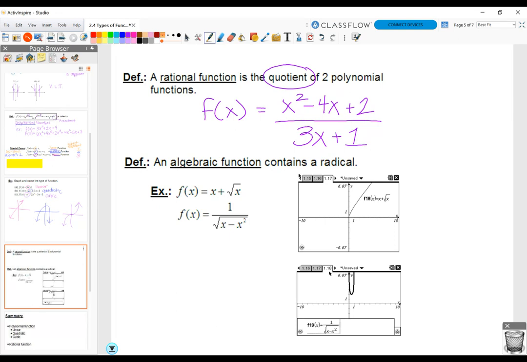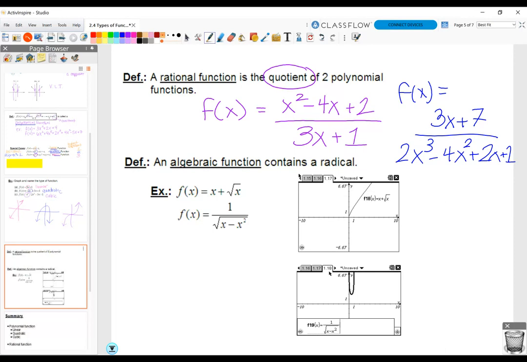So there are 2 polynomials, one in the numerator and one in the denominator. That's a rational function. Another example might have a linear in the numerator and a cubic in the denominator. So, 2 different examples.